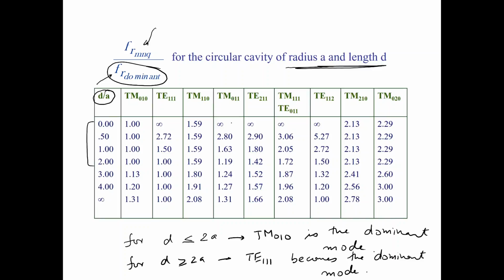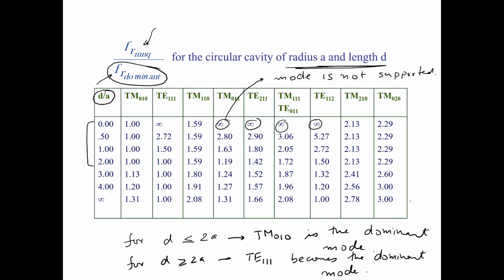Whenever you see infinity, it basically means those modes are not supported. So this infinity means the mode is not supported. That mode cannot be excited within that kind of a cavity.